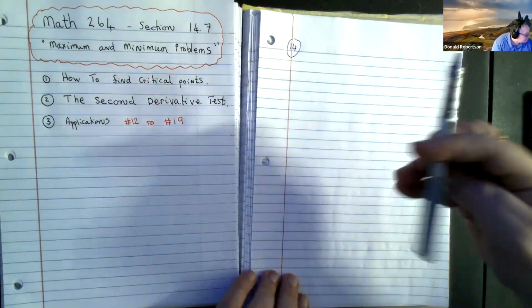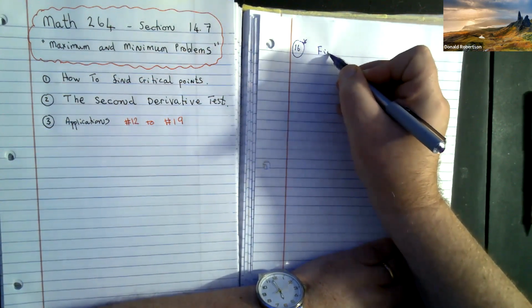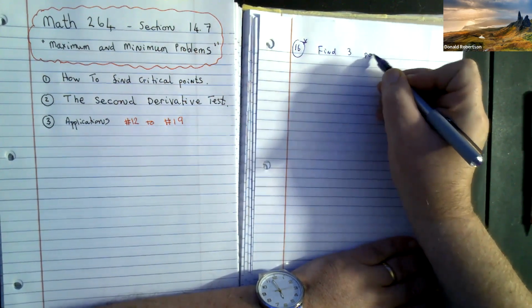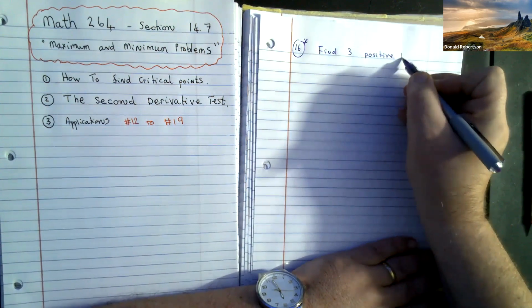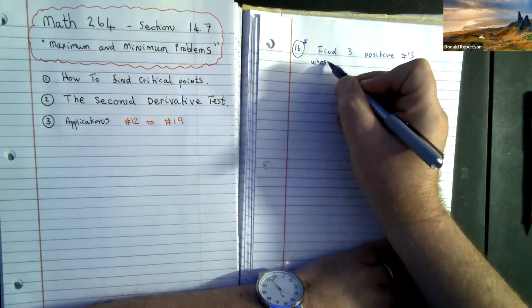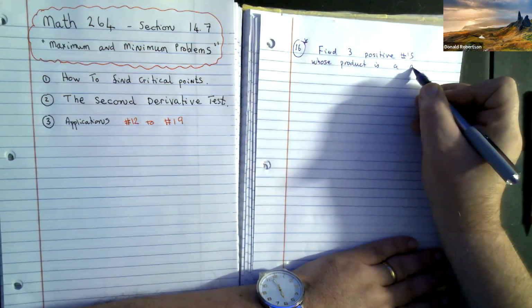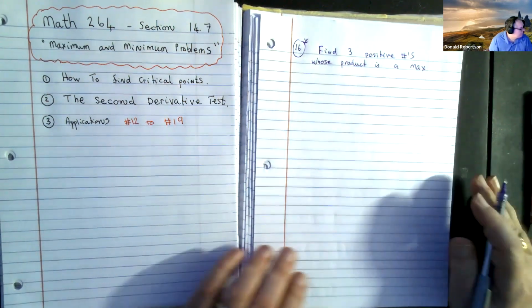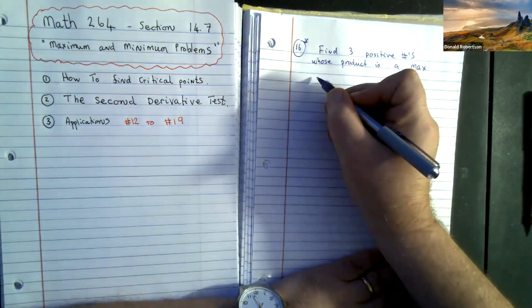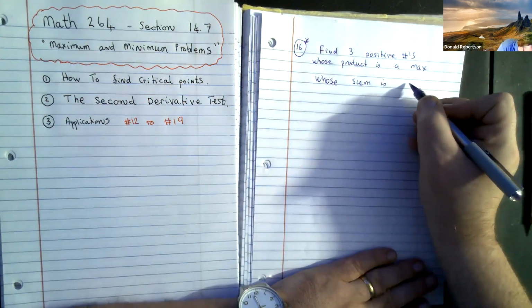Application question 16. It says find 3 positive numbers whose product is a maximum and whose sum is 200.